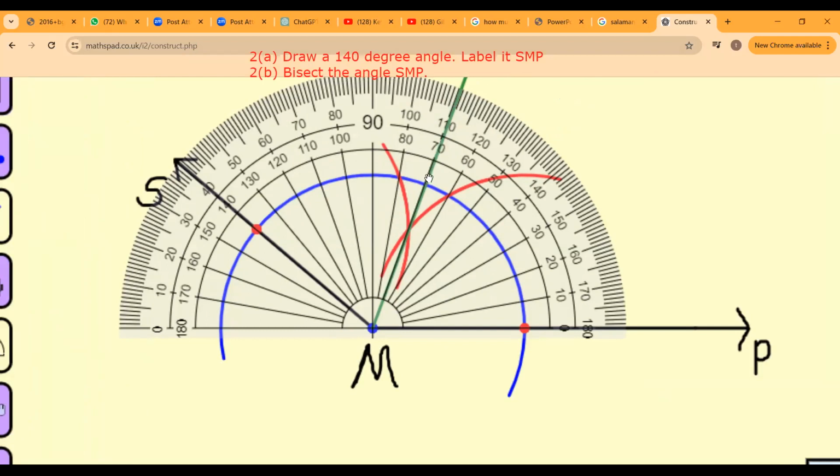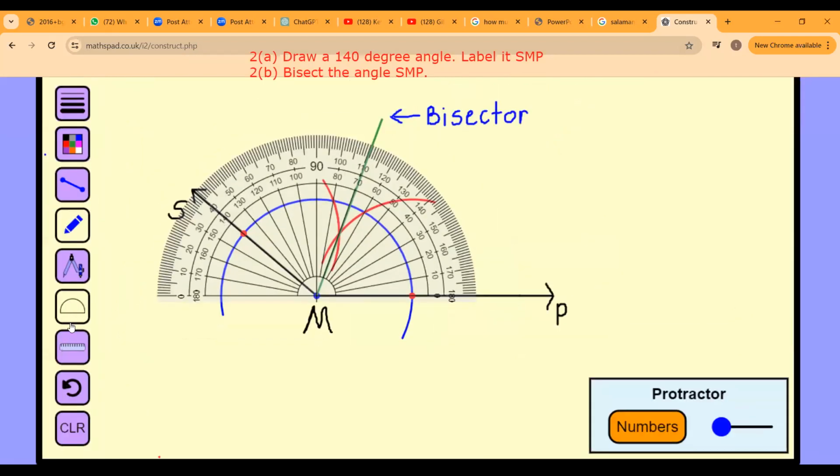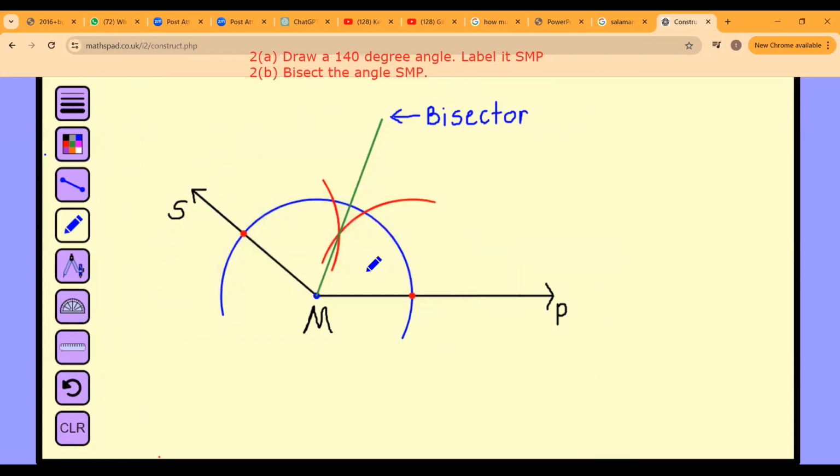And then from 70 to 140, it should also be 70. And so that means that on either side, we're gonna write 70 degrees. Right, 70 degrees.